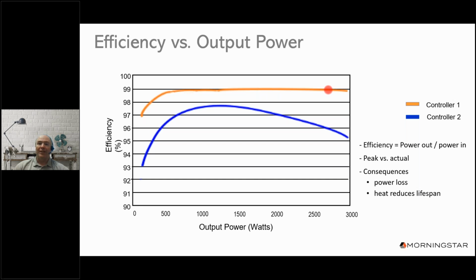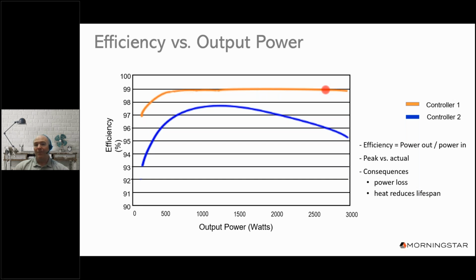Other MPPT brands have been shown to have more than 2 times the energy losses at higher output power levels. So when a manufacturer quotes you a conversion efficiency for a controller, you need to know the output power at which that efficiency was calculated, and also how much that efficiency will vary at higher output power levels.